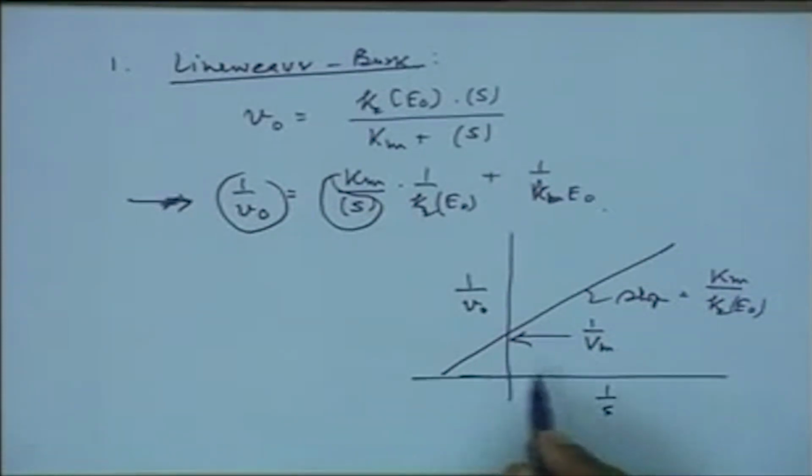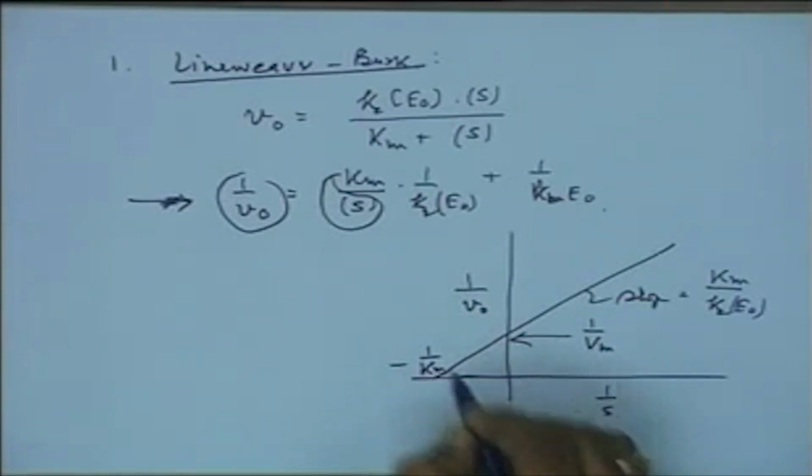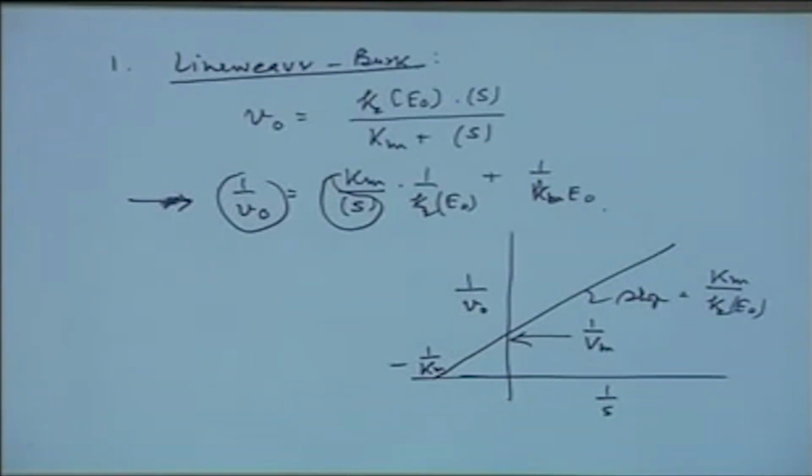Of course, on the x axis there will also be an intercept, which will be minus 1 upon Km.